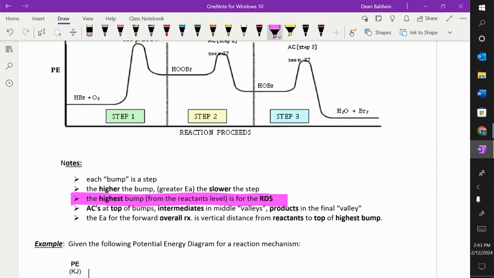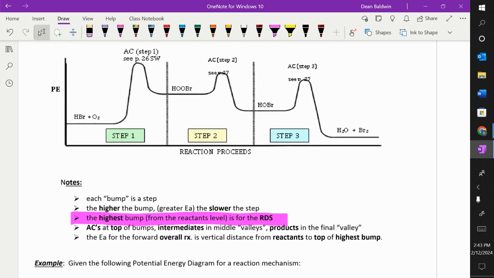No. Sometimes the slowest step is the second step. Doesn't have to be the first one. Yes. The rate determining step.